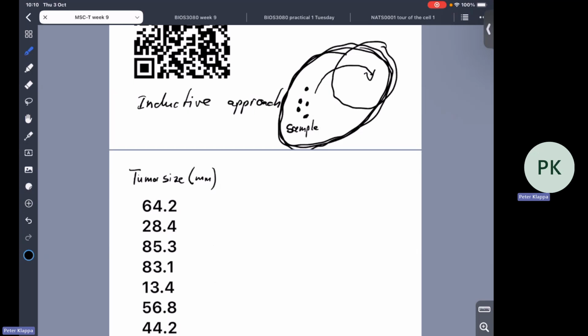That's my best guess, right? So I can take this sample average and say the sample average is my best guess for the population average.